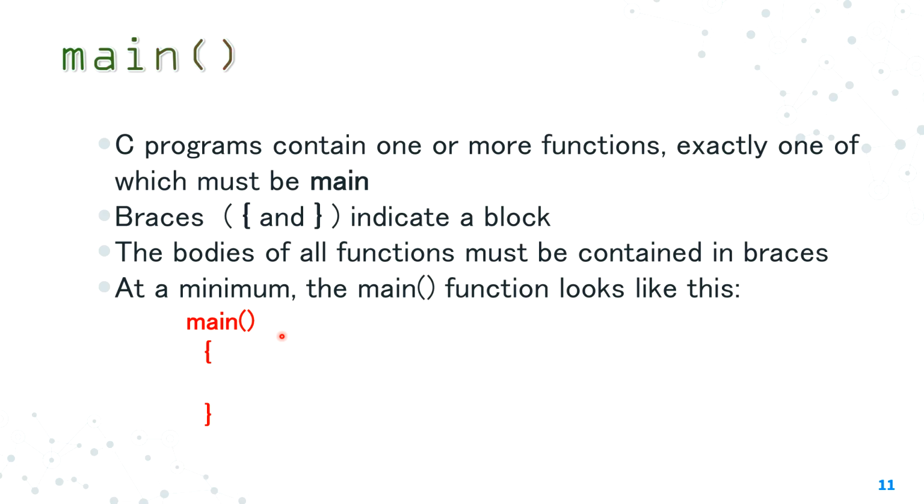At the very minimum, a valid C program must include the first line, the main function, and then after the main function you put the opening brace, and you close it back after you put the statements.